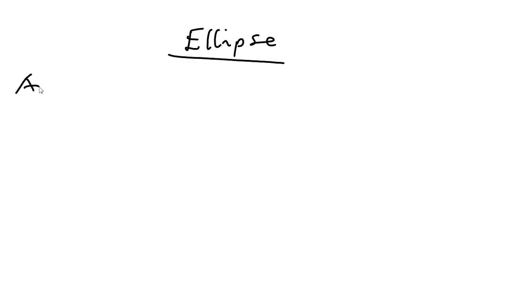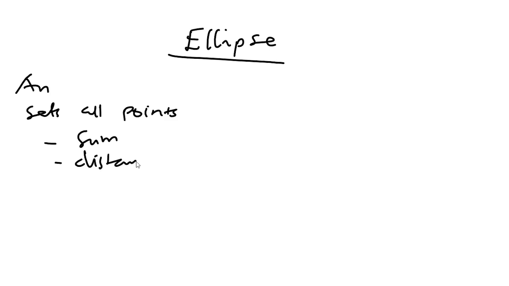Basically, an ellipse is a set of all points, the sum of whose distances from two fixed points is a constant.